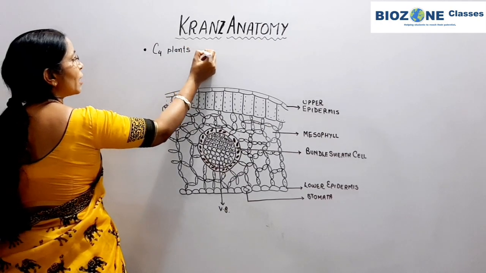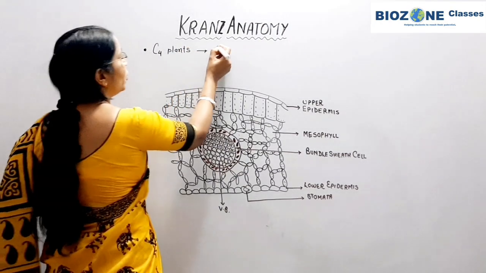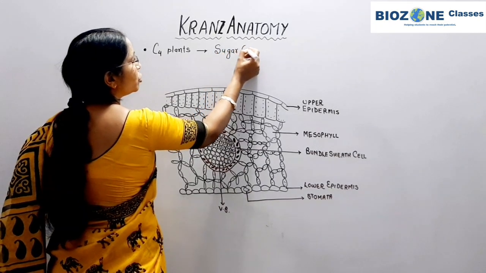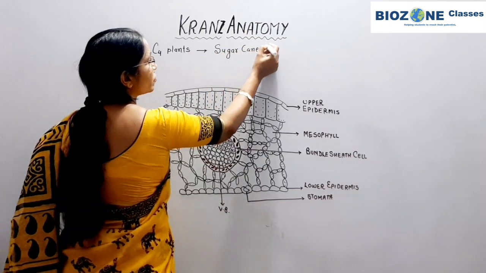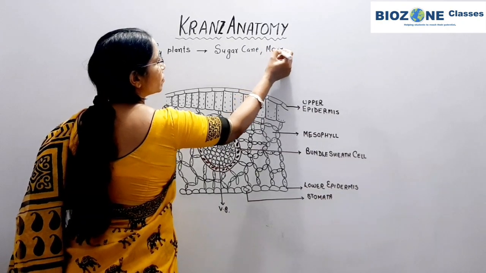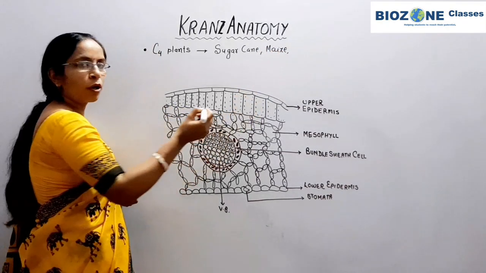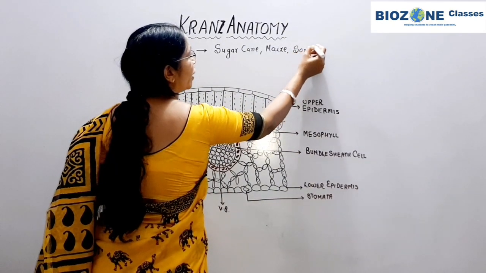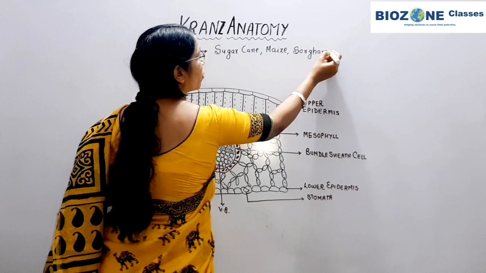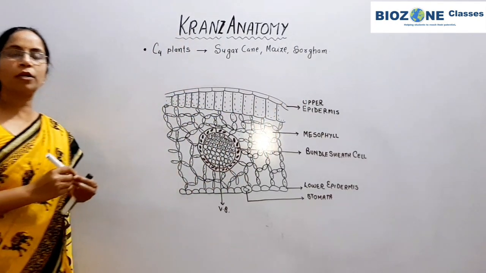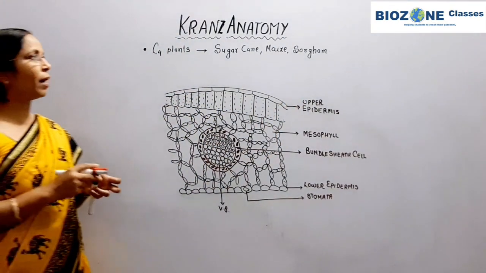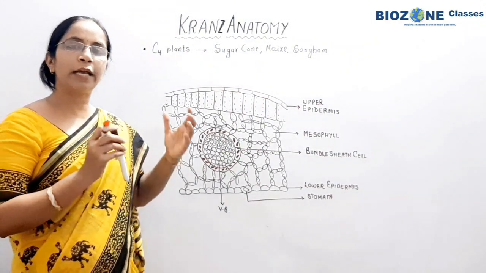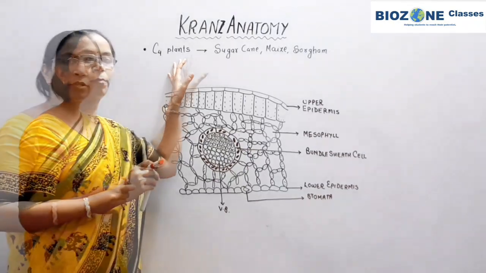The most common examples of C4 plants are sugarcane, maize, and sorghum, or barley. Remember these as the most important examples for the C4 plant.